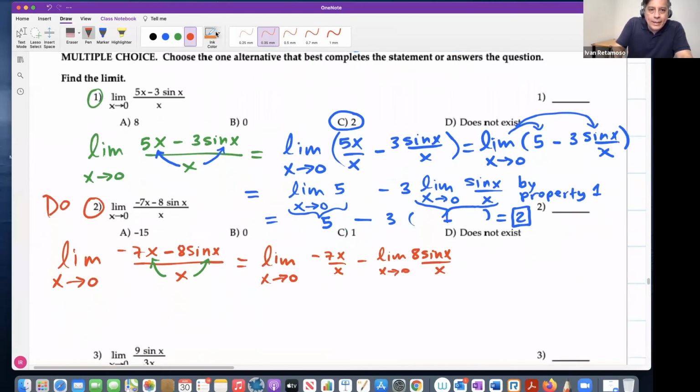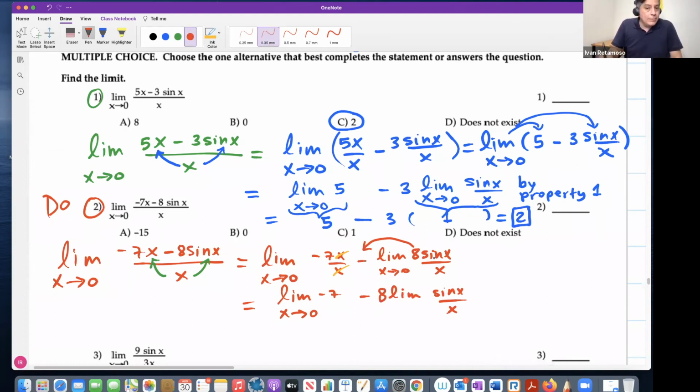After you cancel this x with this x, you end up with the limit of the constant function -7 as x approaches 0, minus the limit of sine x over x with 8 multiplying outside. Look here, I have applied the constant multiple rule, took this 8 outside, and I focus on taking this limit.